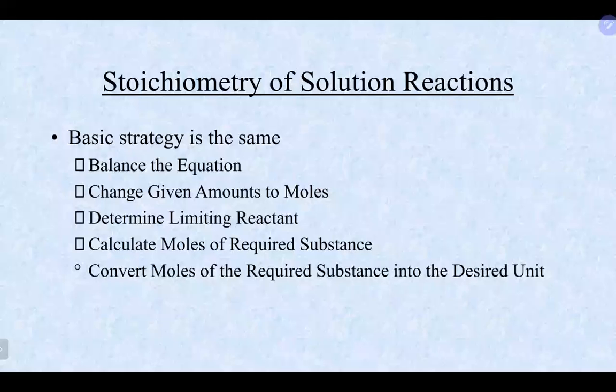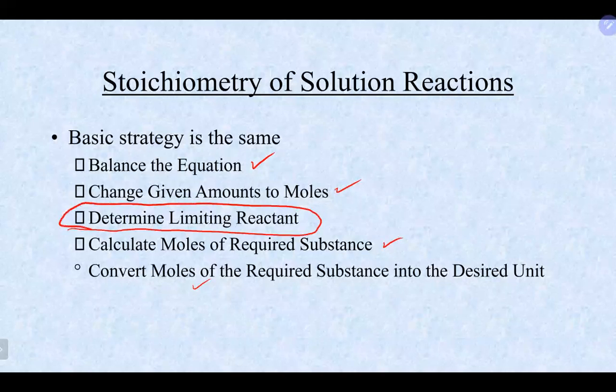So solution stoichiometry, the good thing is it really is those same 4 basic steps, which is, you need to balance an equation, you need to convert to moles, you need to do the mole-to-mole relationship and convert those moles to some other unit. In addition, with solution stoichiometry and really any stoichiometry, even gas stoichiometry, you also could still have a limiting reagent situation, which we talked about before.